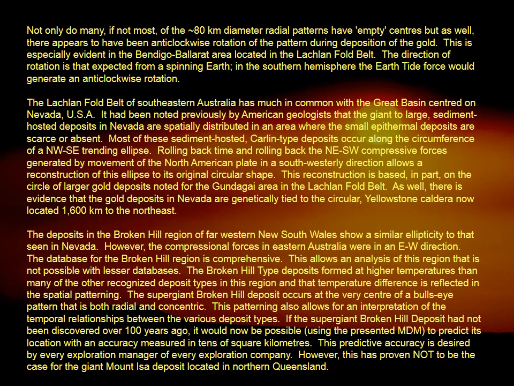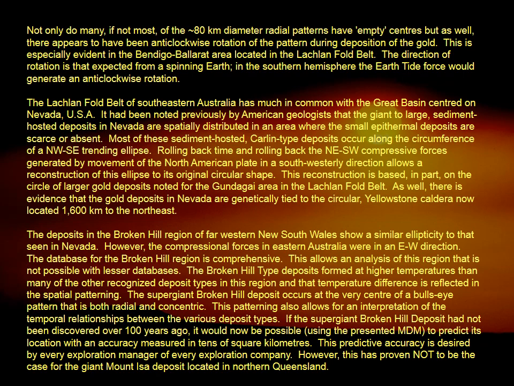Not only do many, if not most, of the 80-kilometer diameter radial patterns have empty centers, but as well there appears to have been anti-clockwise rotation of the pattern during deposition of the gold. This is especially evident in the Bendigo-Ballarat area located in the Lachlan Fold Belt.